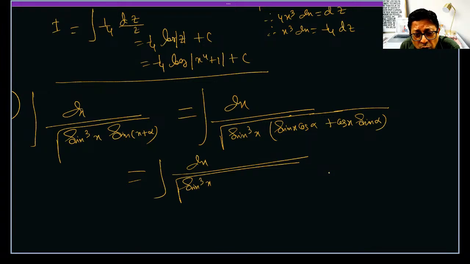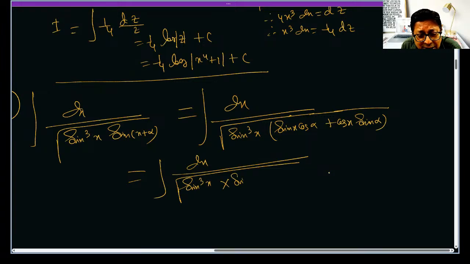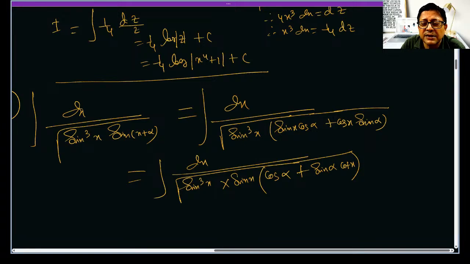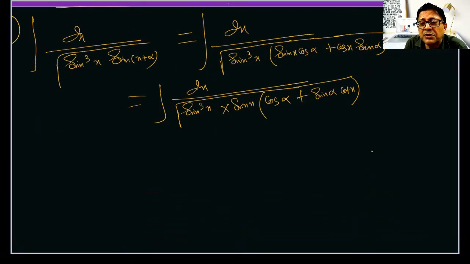If you take sin x common from here within the bracket, then you are getting cos alpha plus, divided by sin x, sin alpha cot x, isn't it? Do you see something over there?